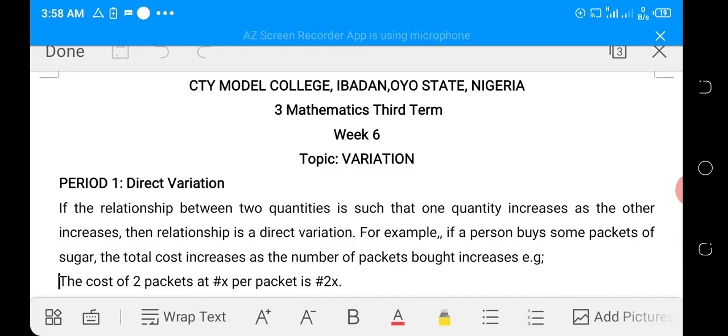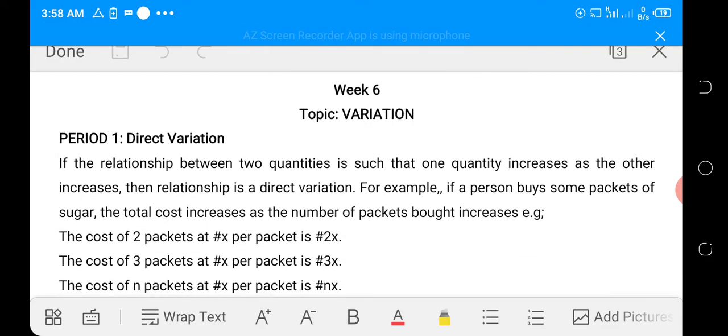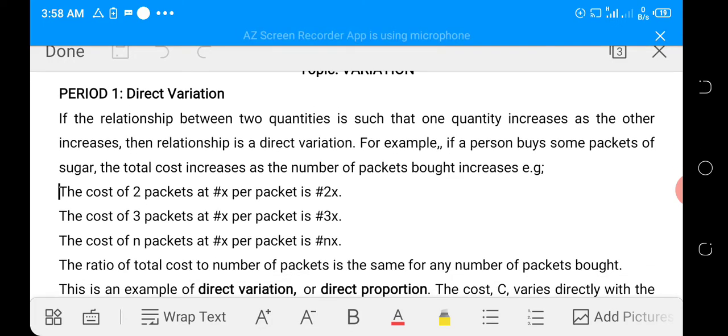E.g., the cost of 2 packets at X naira per packet is 2X naira, while the cost of 3 packets at X naira per packet is 3X naira. Also, the cost of N packets at X naira per packet is going to be NX naira.